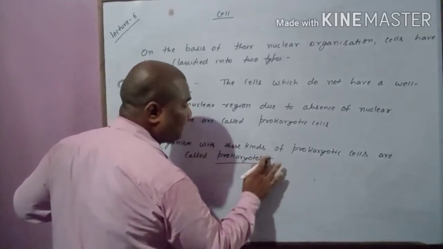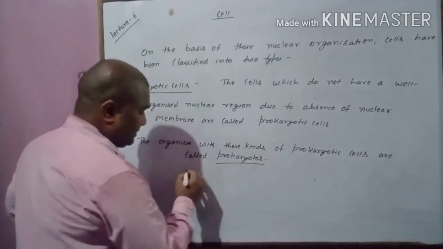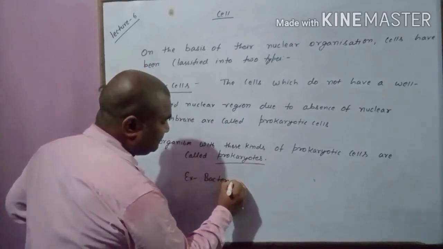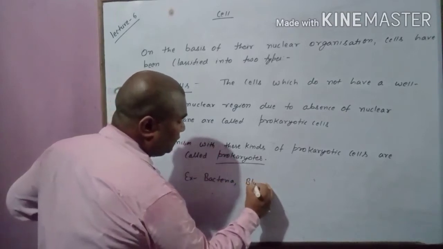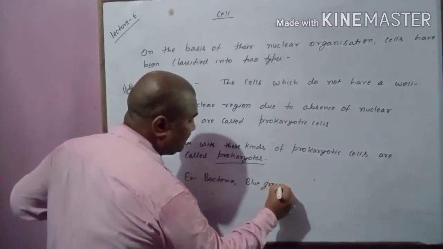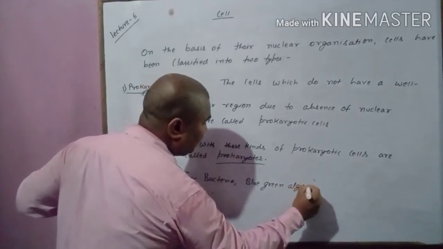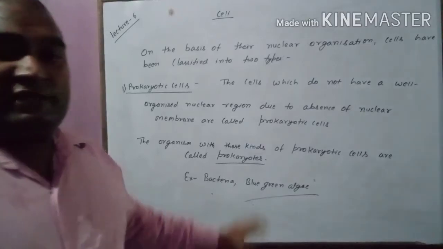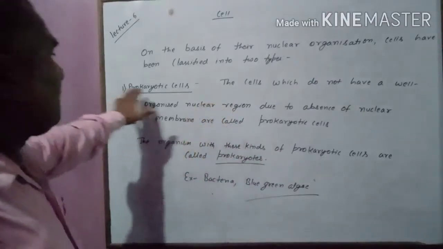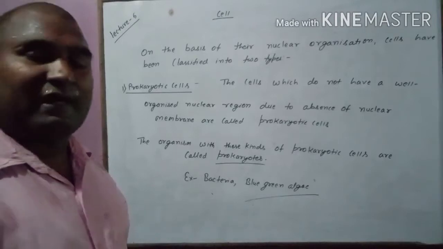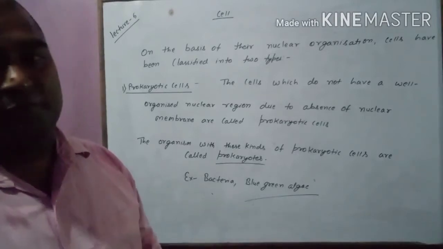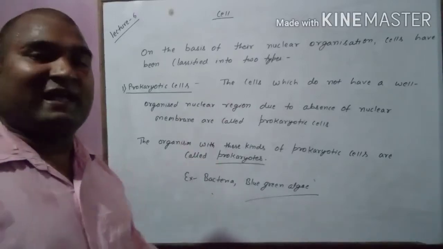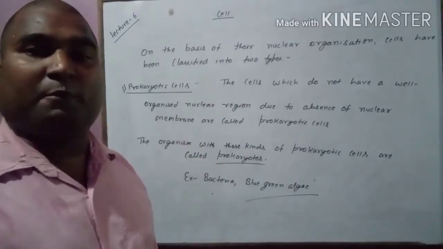Examples: bacteria, blue green algae, that is called cyanobacteria. So these are the prokaryotic cells. Prokaryotic cells do not have a well organized nuclear region due to absence of nuclear membrane, so they are called prokaryotic cells, and the organisms that have prokaryotic cells are called prokaryotes.